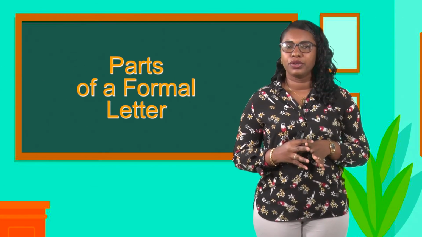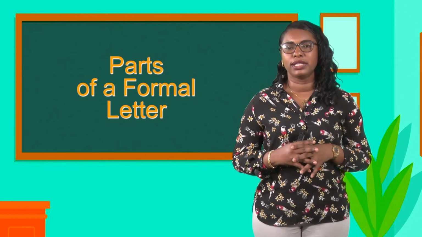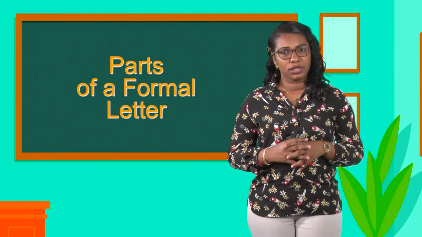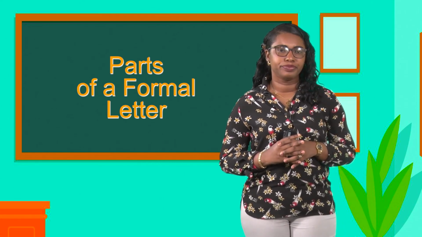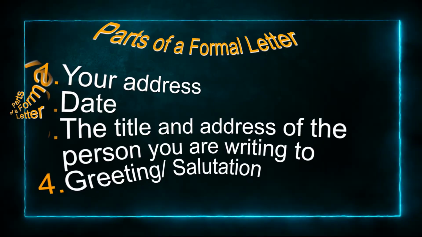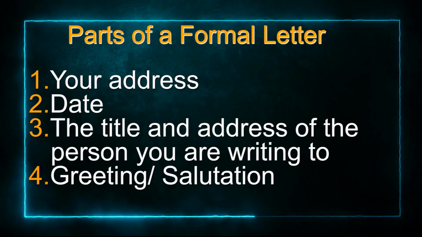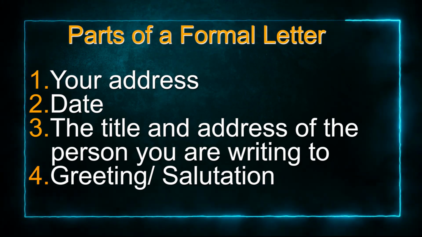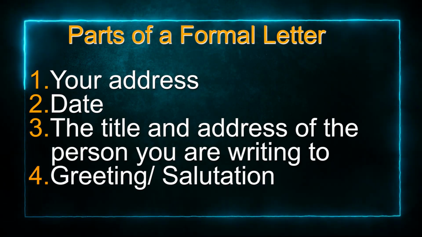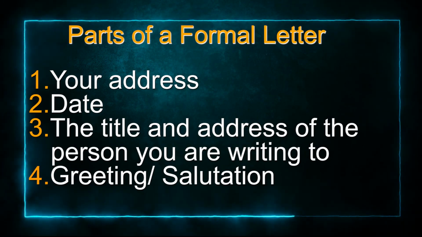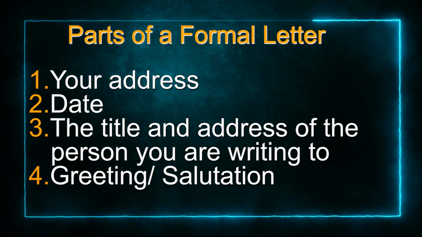Now let's go over the parts of a formal letter, since the letter of excuse will take that pattern. We have your address, which is the address of the writer. We have the date, the title and address of the person you are writing the letter to, the greeting or the salutation.